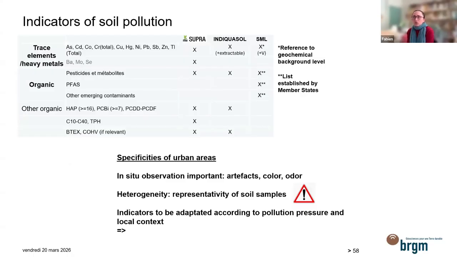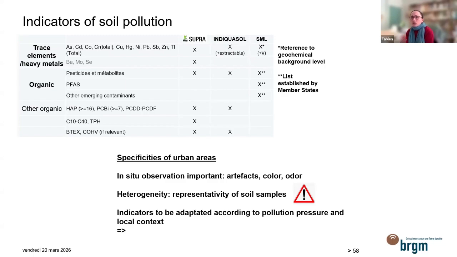This leads us to the next slide about the indicators of soil pollution that should be considered in soil health assessment. We of course have the trace elements and heavy metals, and more or less that can be different from one perspective or another. Here I just quickly compared what we did within the Supra project, where we worked on soil health indicators, another French approach, Indicasol, and the soil monitoring law, trying to assess what's in it.